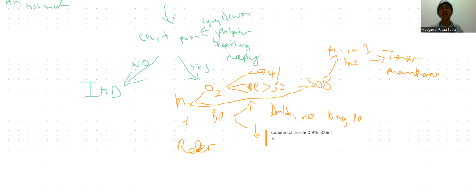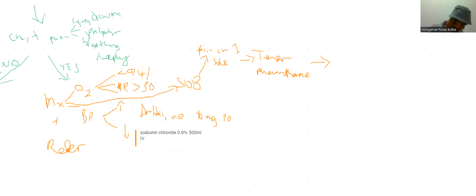And how do you treat the tension pneumothorax? For tension pneumothorax, the doctor has to insert a large bore cannula. So basically a chest tube called an intercostal drain to drain out that excess air.